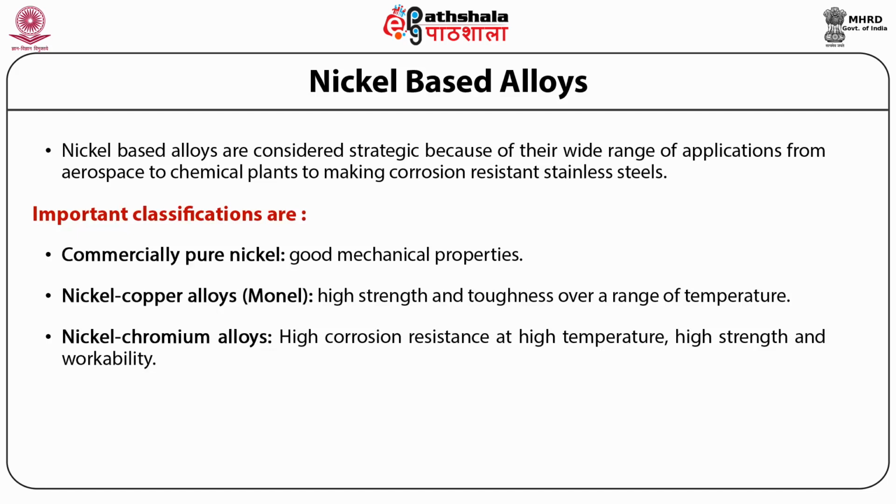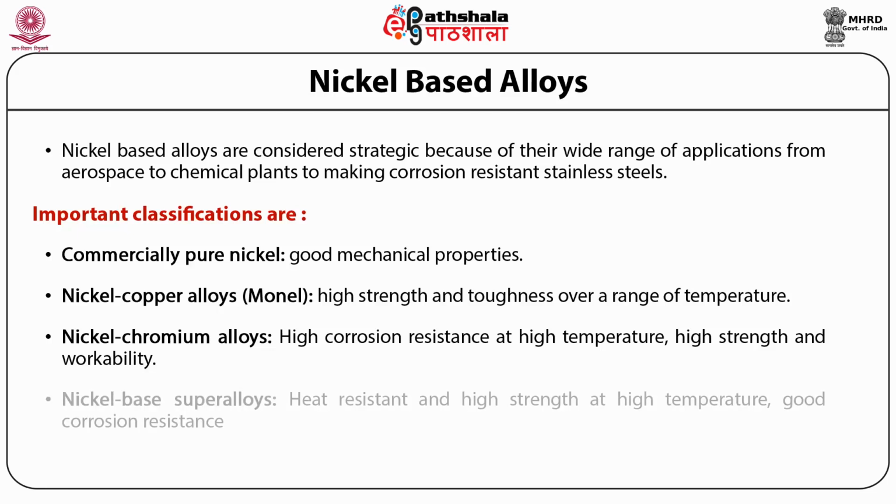Last type of nickel-based alloys are nickel-based superalloys. There are three types of nickel-based superalloys, that is nickel base, nickel iron base, and cobalt base. These alloys contain high chromium with titanium, aluminium to form precipitates.